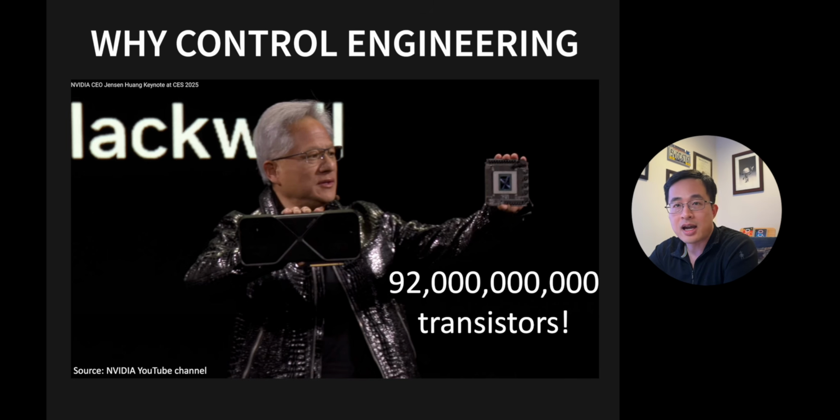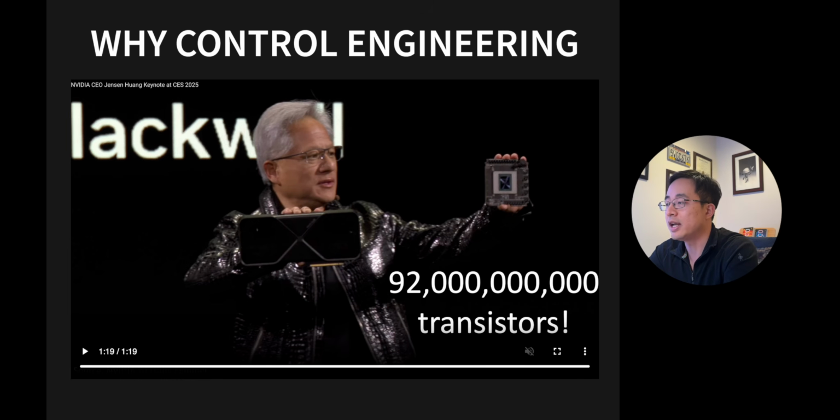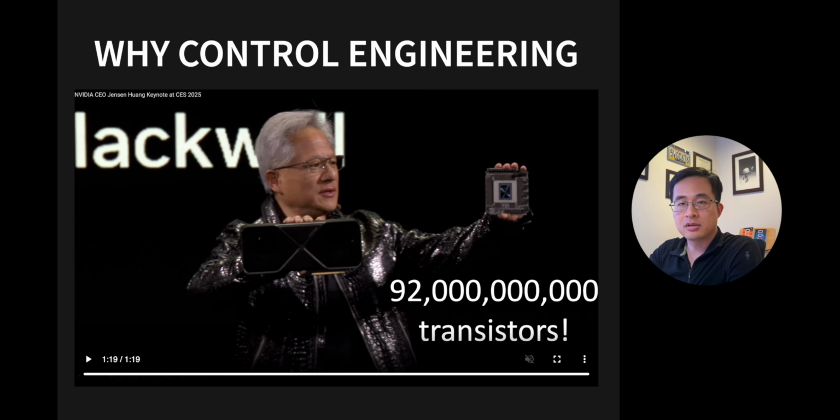We'll find another time to talk about the details, but modern control engineering is one key element of creating a processor that's capable of powering such incredible experiences. So that is why modern control engineering is important in applications such as semiconductor manufacturing and GPU manufacturing.